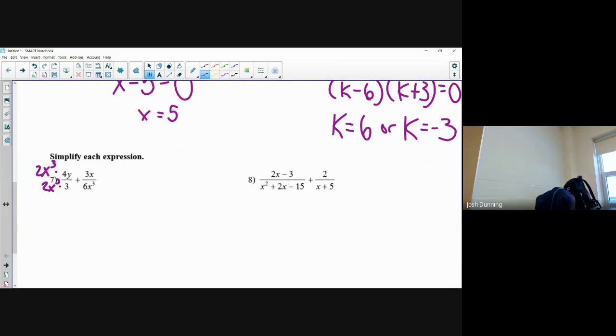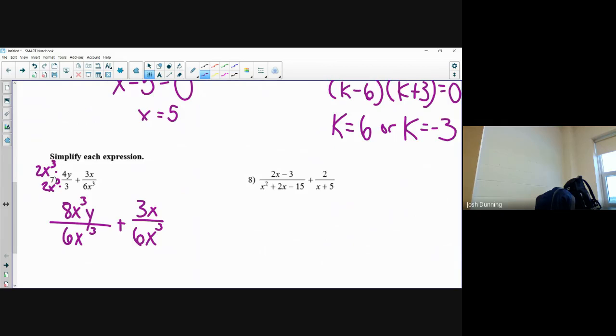So on top, we got 8x cubed y. Yx cubed would be fine. The bottom, 6x cubed. Like I said, now, you don't even need to do anything to the second one. It's already the same as the first one.